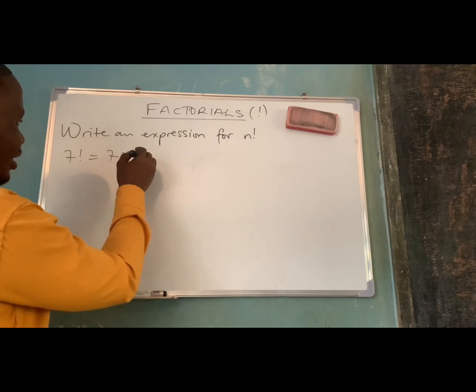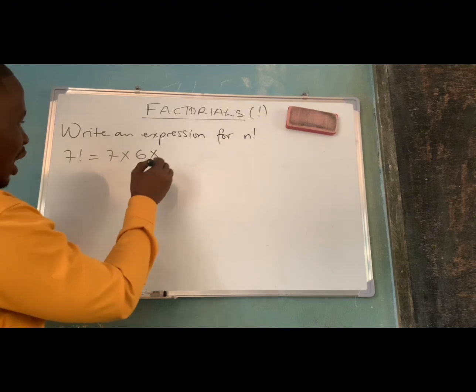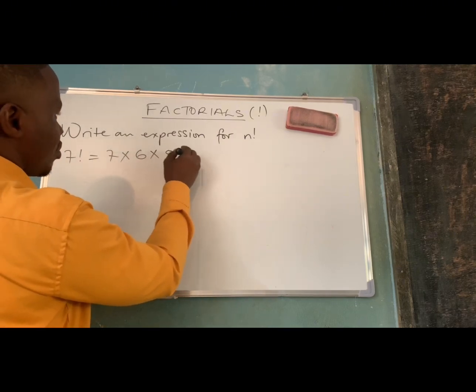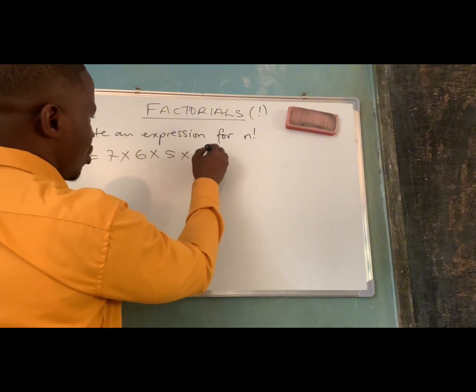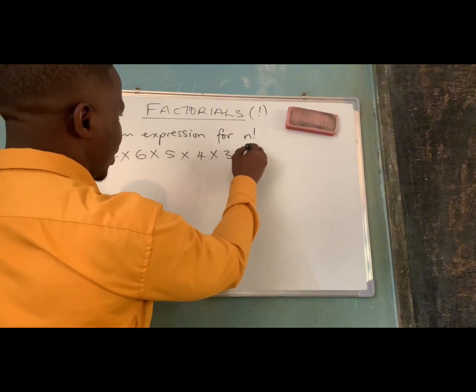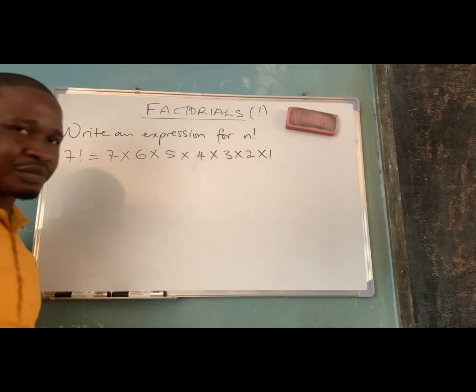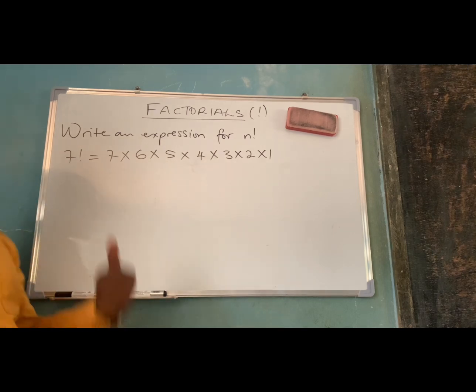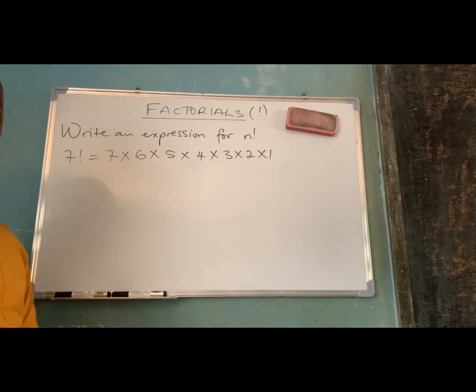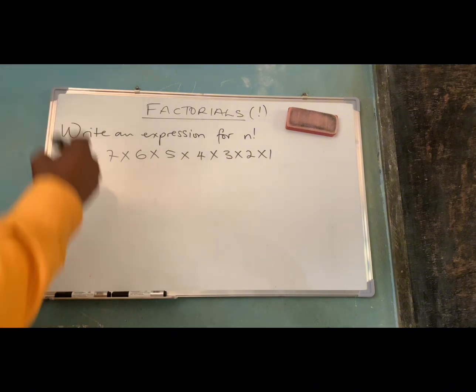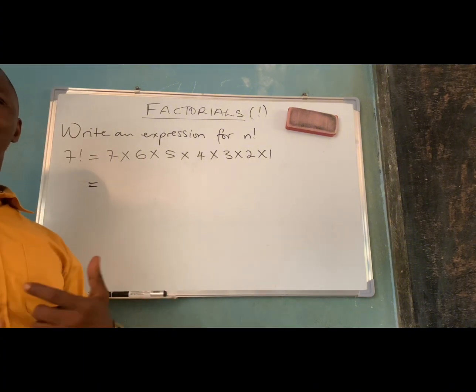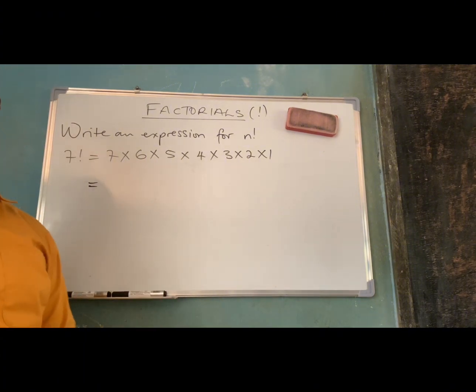7 multiplied by 6 multiplied by 5 multiplied by 4 multiplied by 3 multiplied by 2 multiplied by 1. Alright, so this is the expression for 7 factorial. But sometimes in mathematics, we can multiply without even using the multiplication sign.